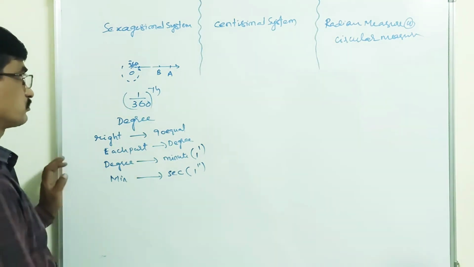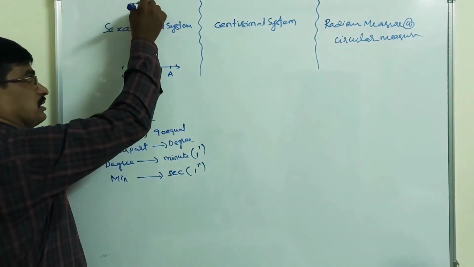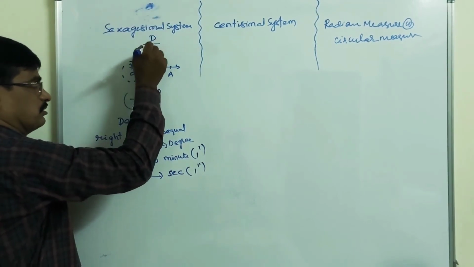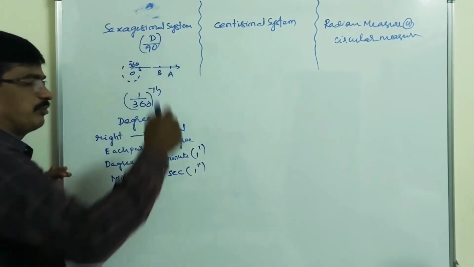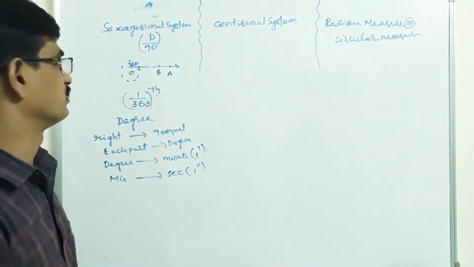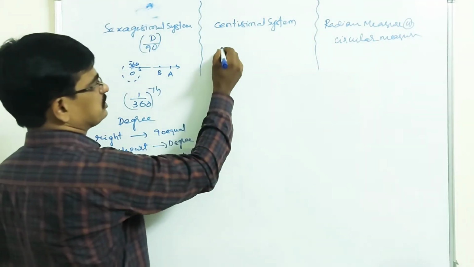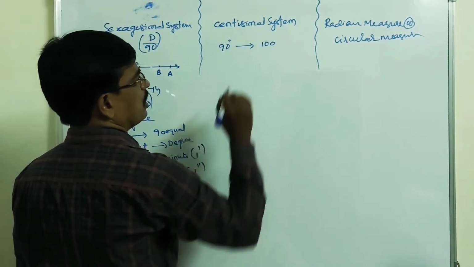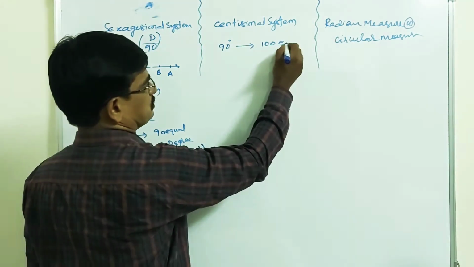So a right angle is divided into 90 equal parts, each part is known as a degree. In the centesimal system, a right angle is divided into 100 equal parts.